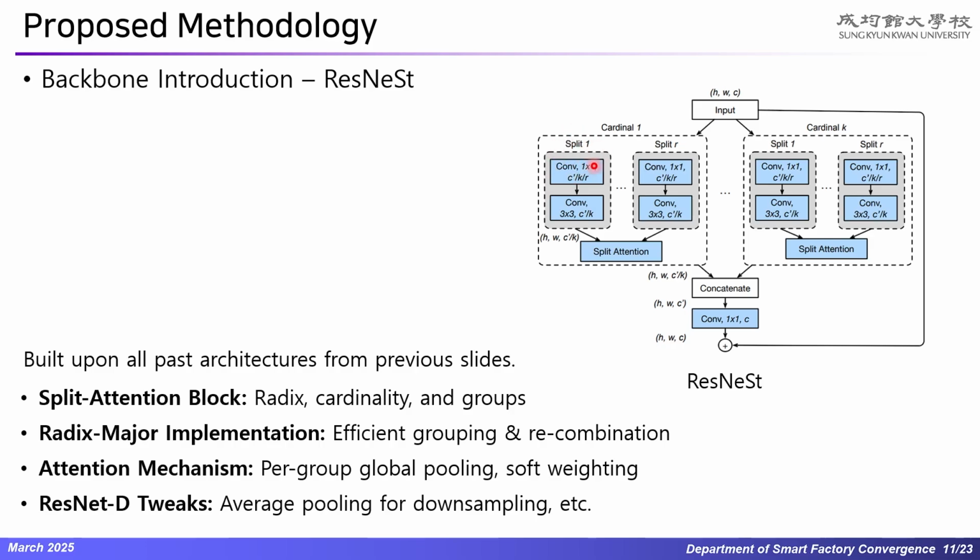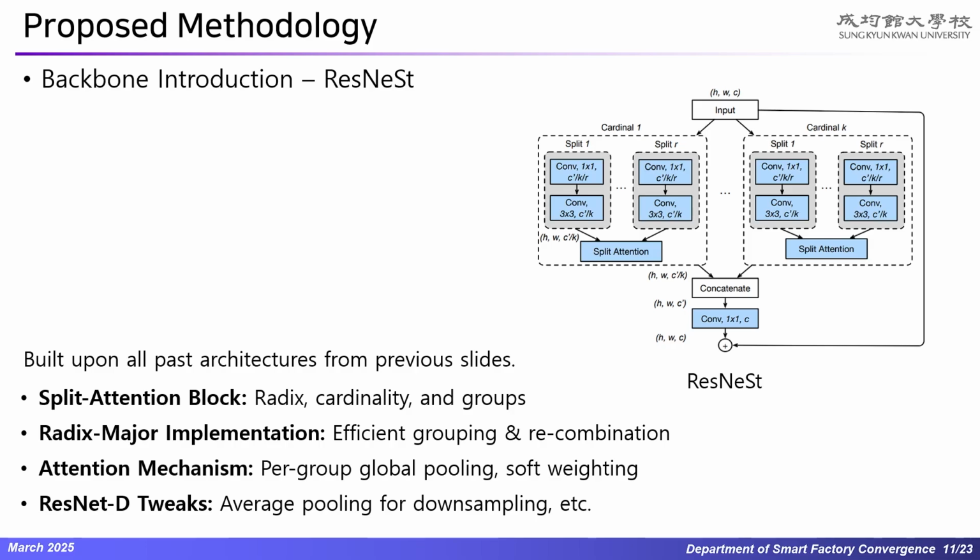Same radix index, such as split 1 here, and so on. By doing so, we can implement the sub-branch computations as a single grouped convolution, taking full advantage of hardware parallelism. This leads to a more efficient training and inference pipeline because we don't need extra channel shuffle or reordering steps. Everything is already aligned in a way that standard CNN operators can handle optimally.